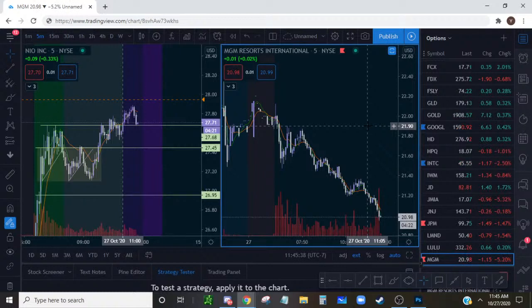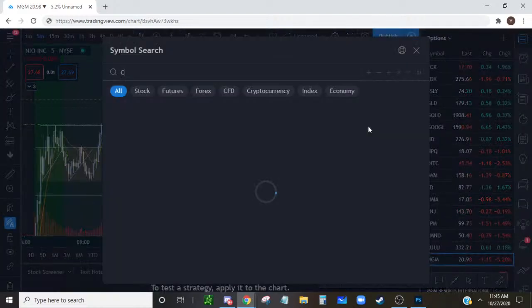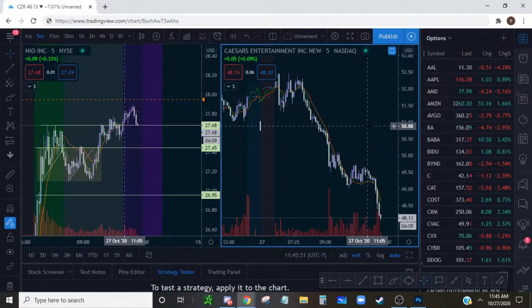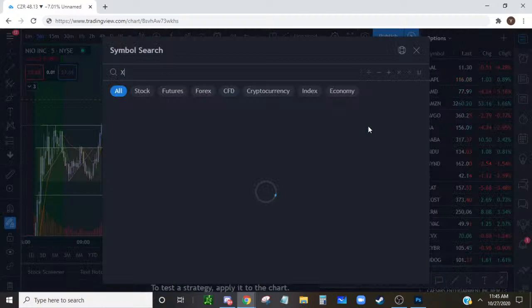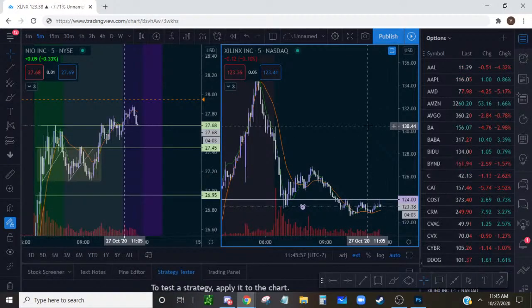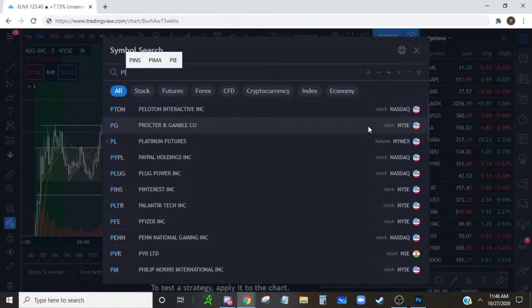LYFT. Hey Google, shuffle. Pen, CZR, LYFT, XLNX. Okay Google, V. Lower GS, volume to GS, 5 points. V, GS.